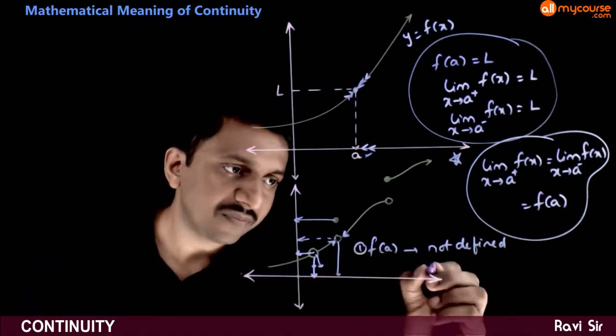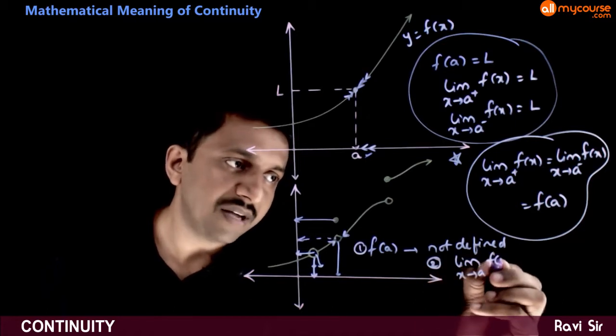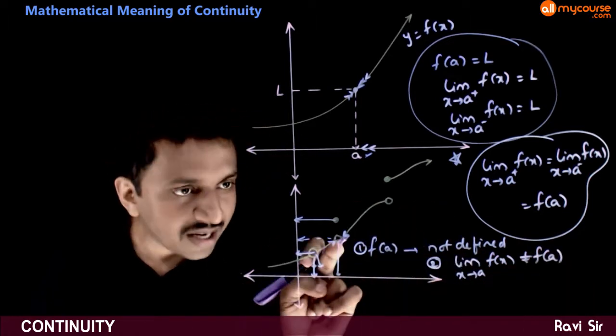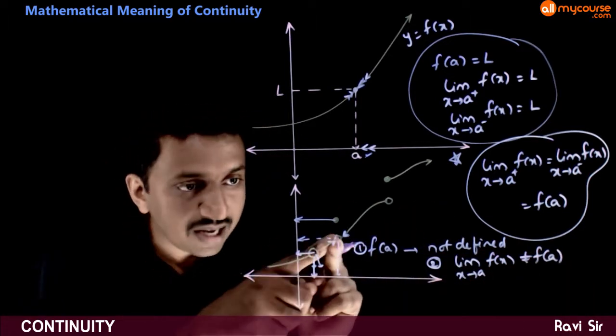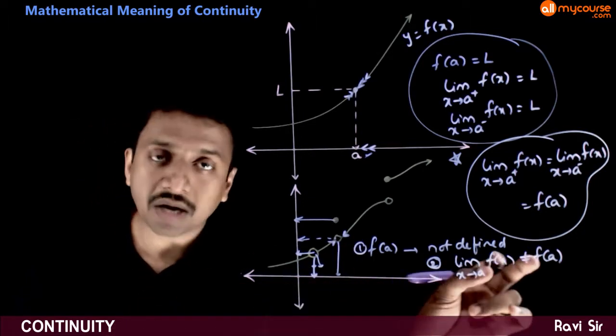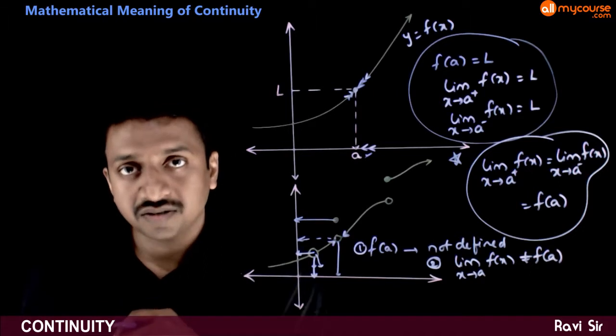That is, limit x tends to A, f of x is not equal to f of A. In this case, you get a graph like this. As you can very clearly see, there is a discontinuity here. So if the limit is not equal to the functional value, then also the function is discontinuous.